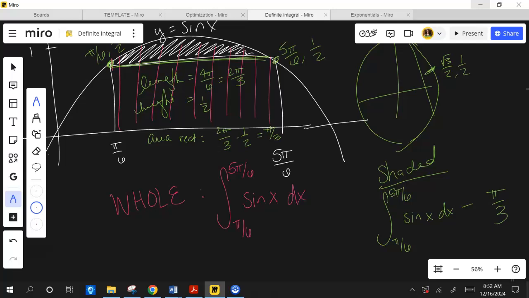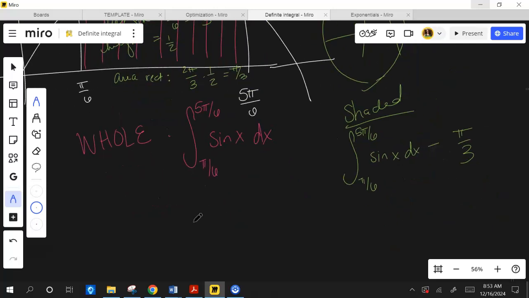Negative cosine. Cosine is x, sine is y. C comes before s, x comes before y. It would be negative cosine 5 pi over 6 minus negative cosine pi over 6.